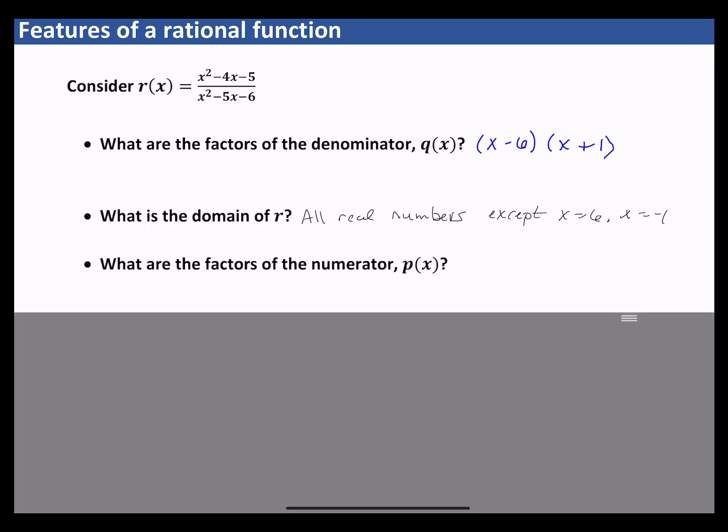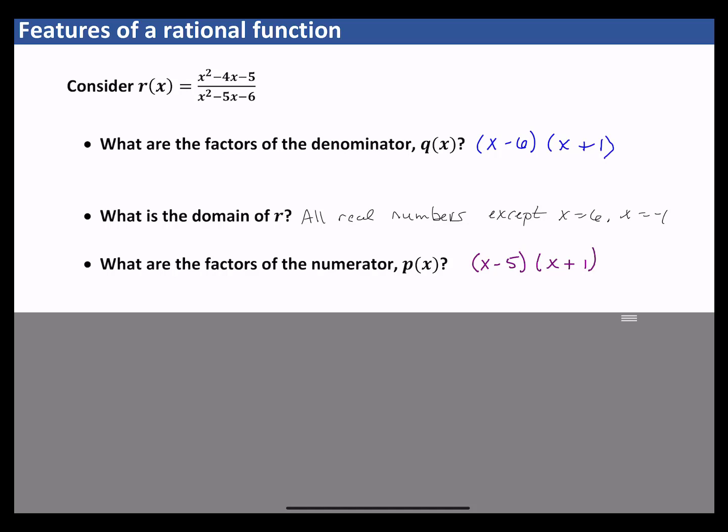And then we're going to move on to find the factors of the numerator. So x squared minus 4x minus 5 factors to x minus 5 times x plus 1. Thus the numerator equals 0 when x equals 5 or when x equals negative 1.